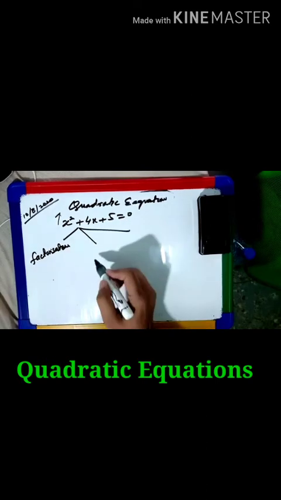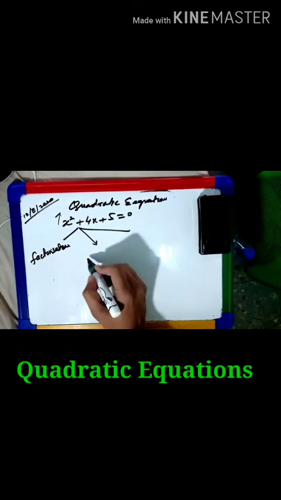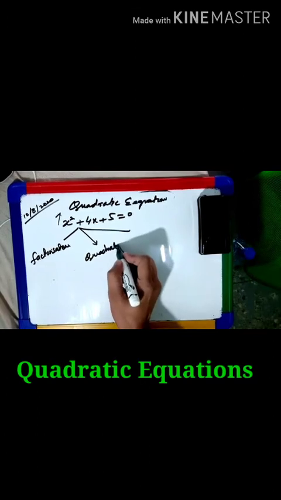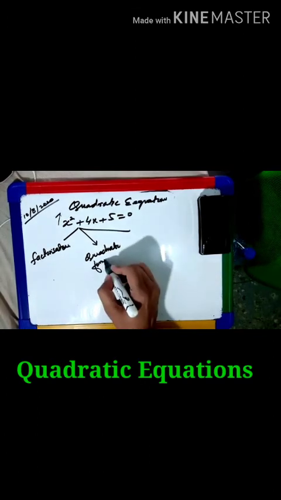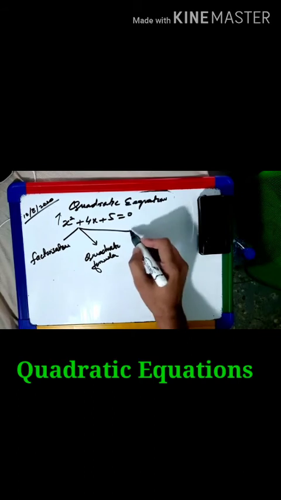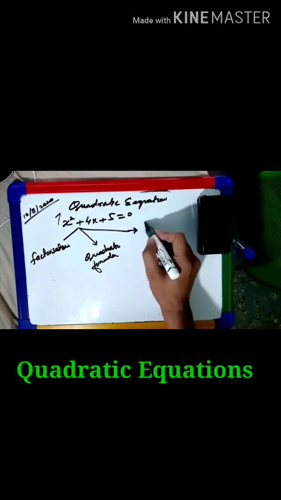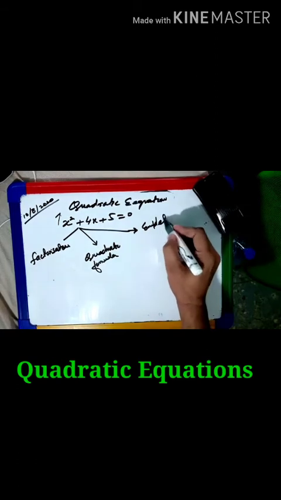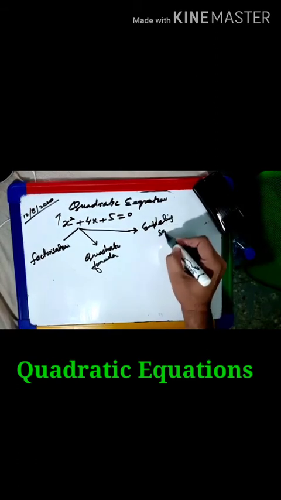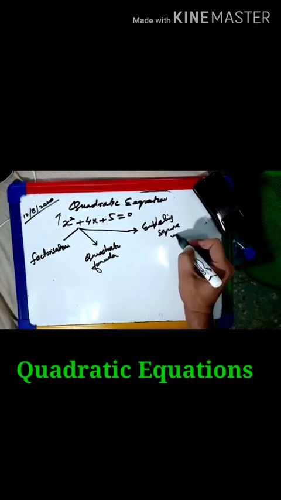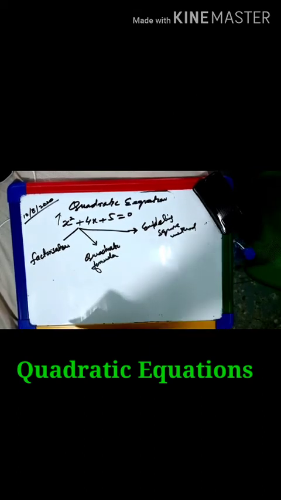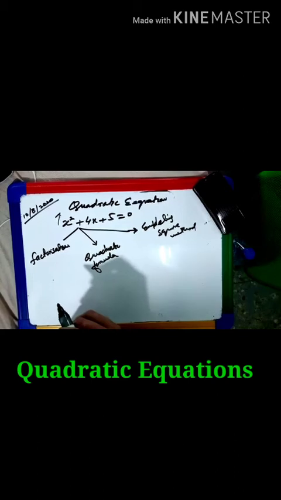The second thing is you can use the quadratic formula. And the third thing is you can use the completing the square method. These 3 things we use in order to solve these quadratic equations, right?